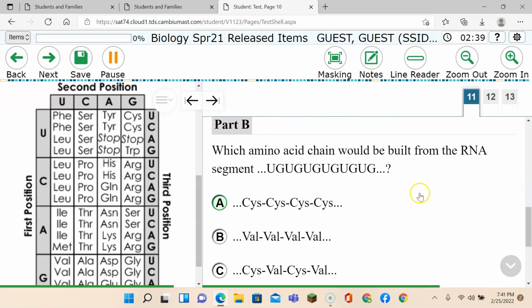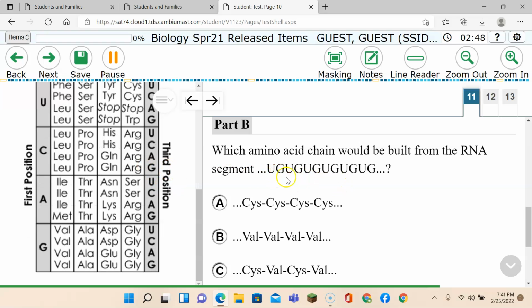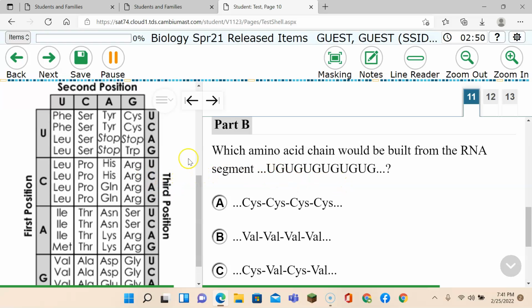Which amino acid chain would be built from the RNA segment UG? Well, let's look here. UGU, so let's look on our codon chart. UGU is CYS, right? Okay, now let's see what the next one is. That would be GUG.